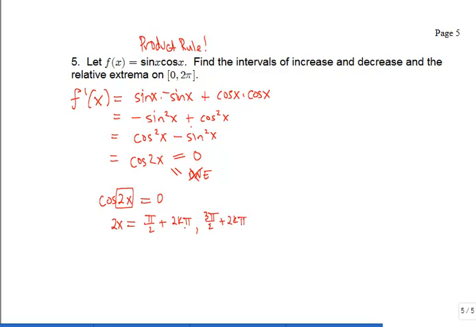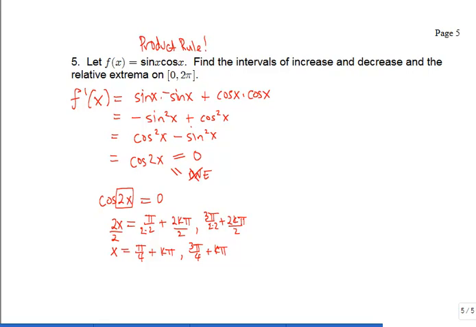Now we're not done solving for x yet because we have to get rid of this 2. So I'm going to divide everything by 2. This, the pi, the 2k pi, this one, and this. Okay, so if we simplify this, we end up with pi over 4 plus k pi, or 3 pi over 4 plus k pi.